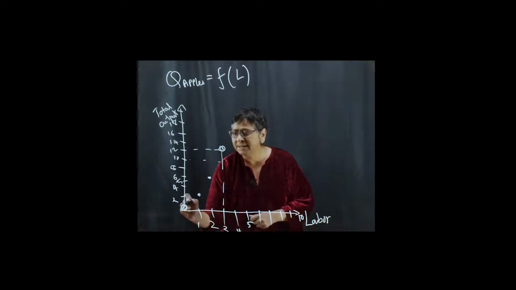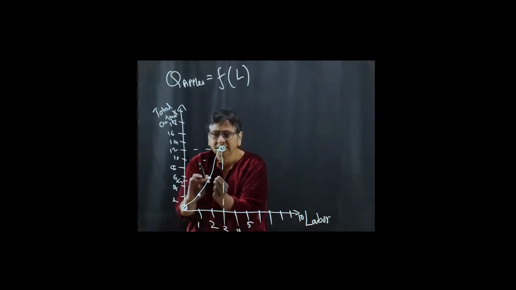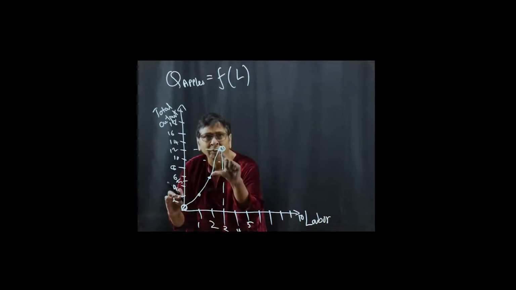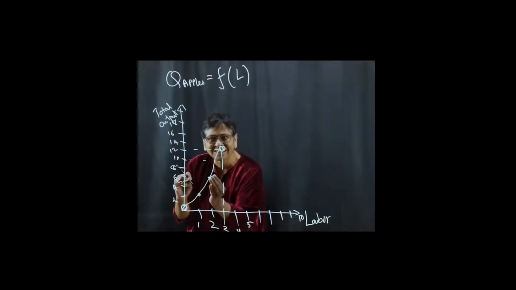So you can see that the initial shape over here is like this. Each extra worker is adding more output than earlier, and it's non-linear. So this is an initial phase like this.